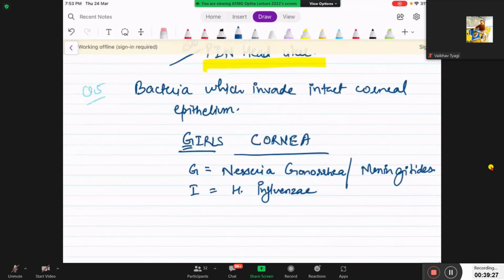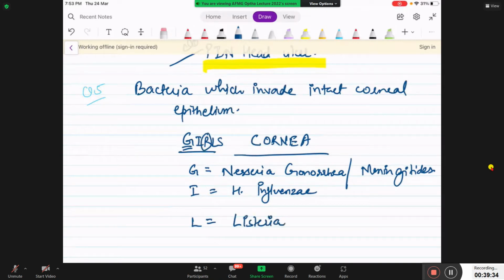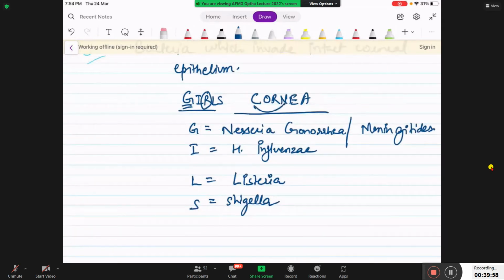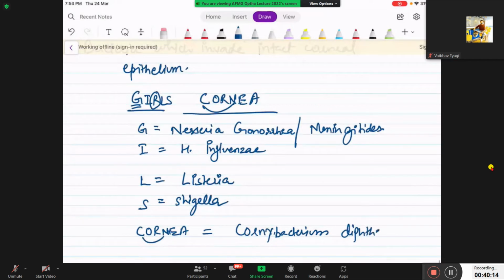L for Listeria. S for Shigella. Cornea: write down, in cornea, Con stands for Corynebacterium diphtheriae.